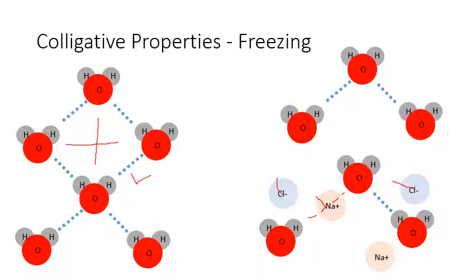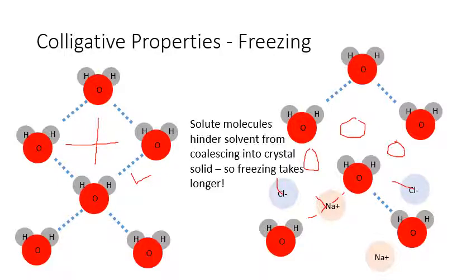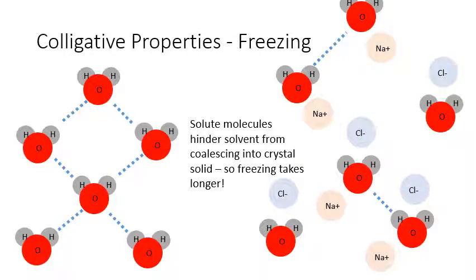And therefore also, if I can add more salt molecules, that's going to make it even harder to freeze, because there's even more molecules to get in the way and make it freeze even slower. So the more molecules you can add, the more you can disrupt this process and slow everything down. And also, depending on what you add, so either adding more molecules or adding molecules of a different type.